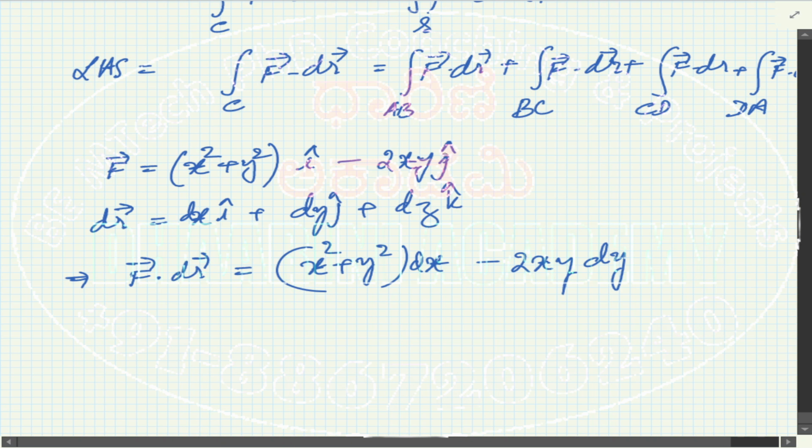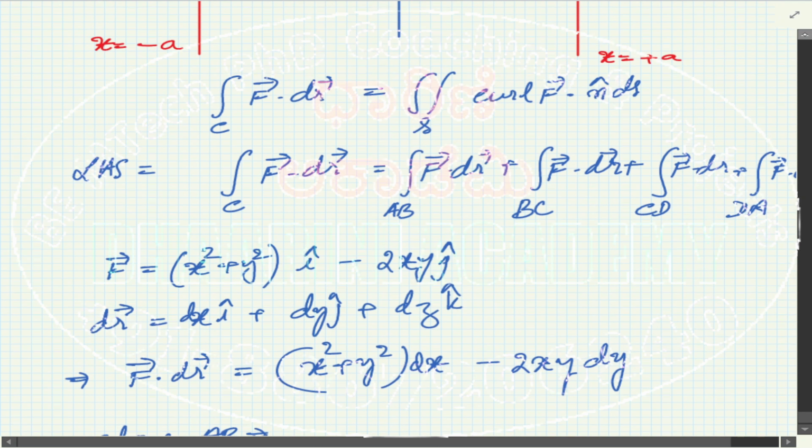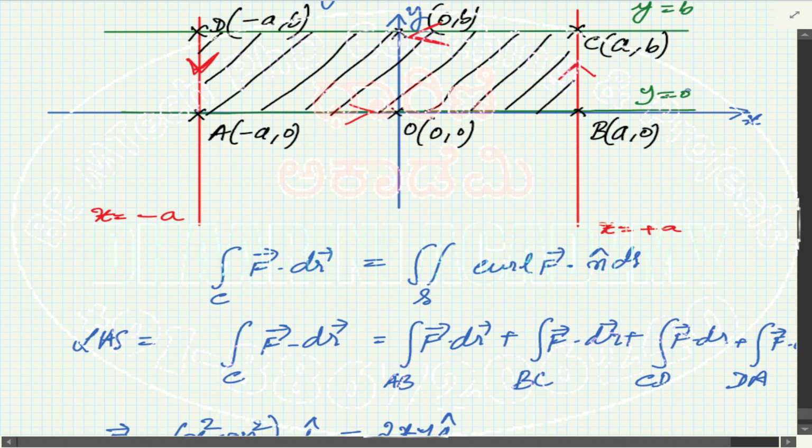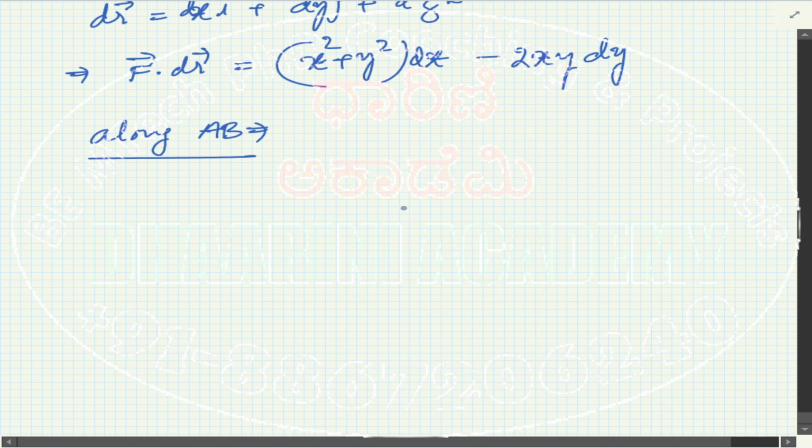Now we perform the integration one by one. First it is along AB. When you move from A to B in the graph which we had drawn just now, let's go back and check. Along A to B, you first have to write the given function for that curve. Now it is the x-axis, therefore y is equal to 0 is the curve. So along AB, y becomes equal to 0.